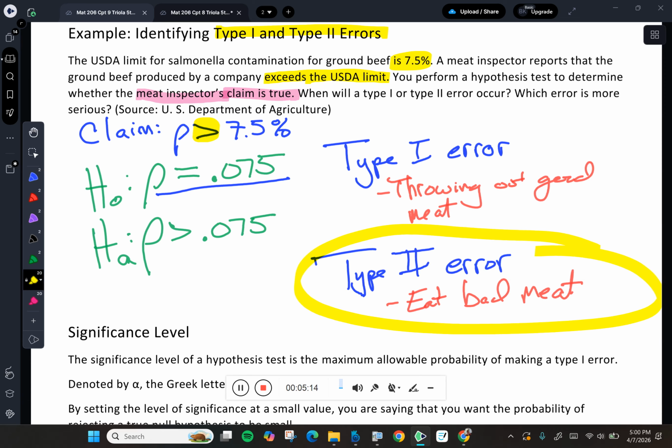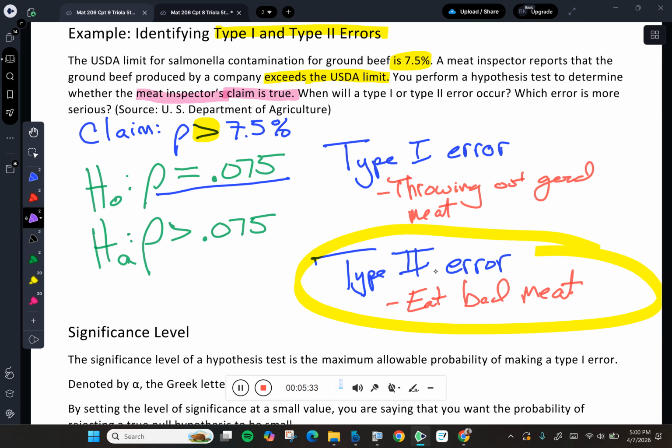So in this case, a type 2 error is worse. That does not mean that type 2 errors are always the bad ones. Errors are bad, period.